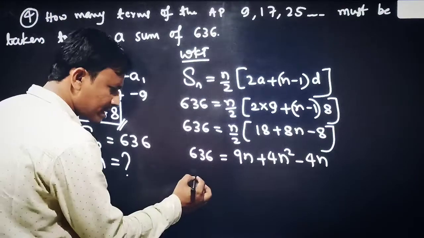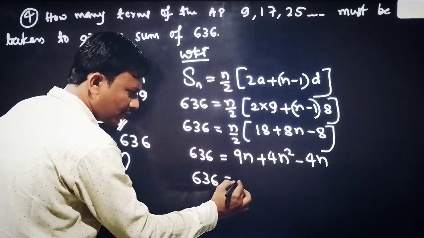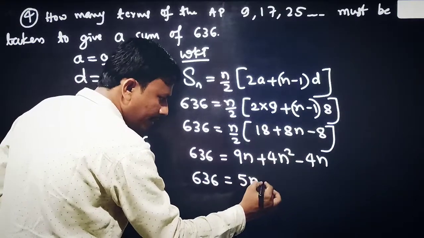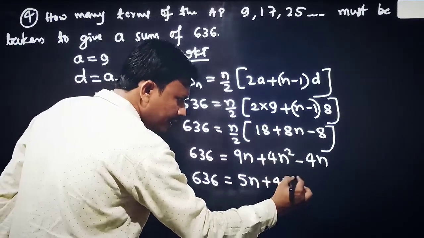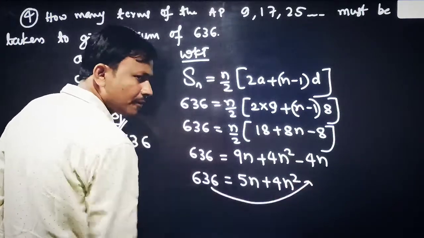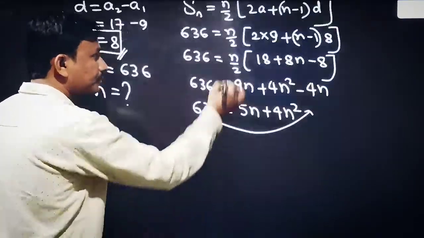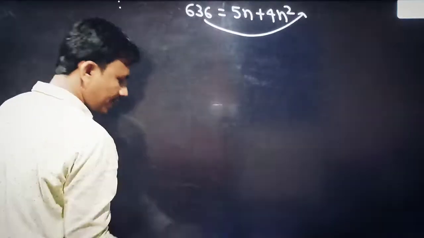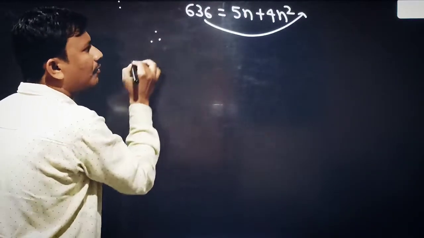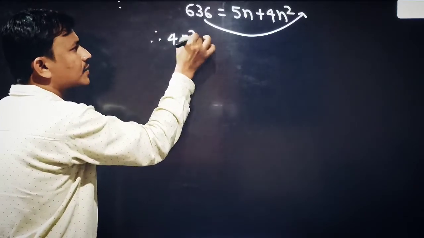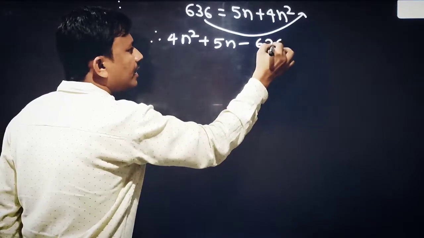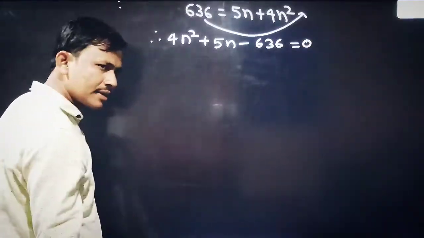Okay. Next 636 is equal to 9n minus 4n, 5n plus 4n square. 636 plus is there, it will become minus 636. Therefore 4n square plus 5n minus 636 is equal to 0.